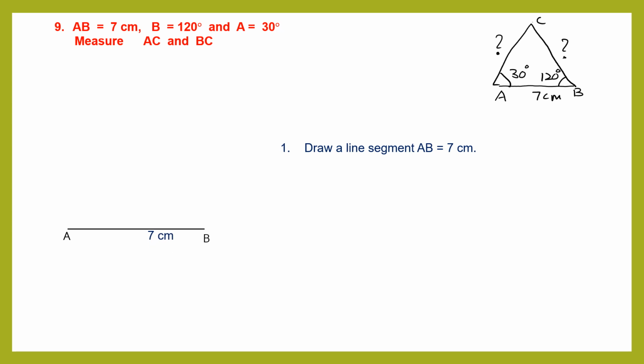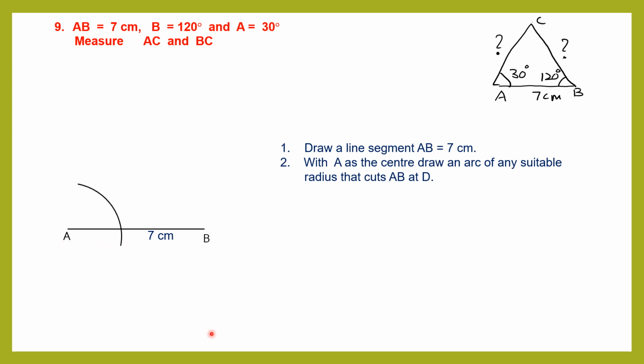Now we're going to construct an angle of 60 degrees at A. With A as the center, draw an arc of any suitable radius that will cut AB at a point, and that point is going to be named D.